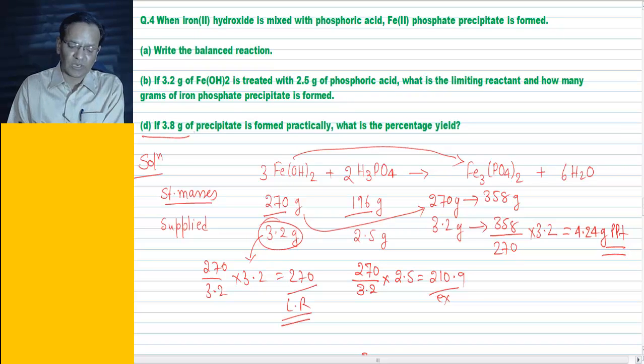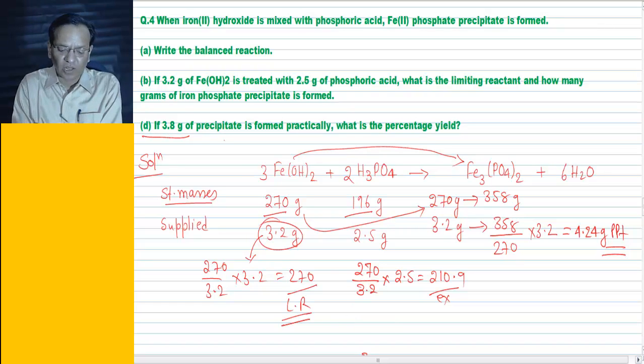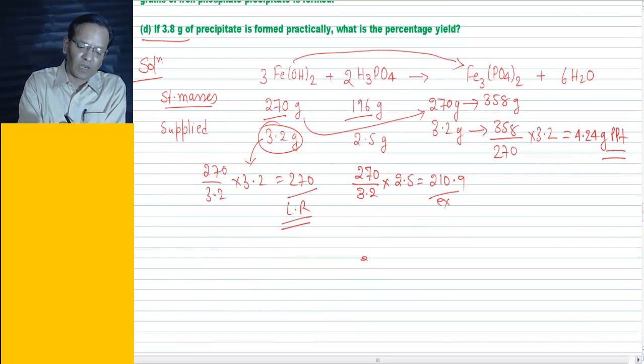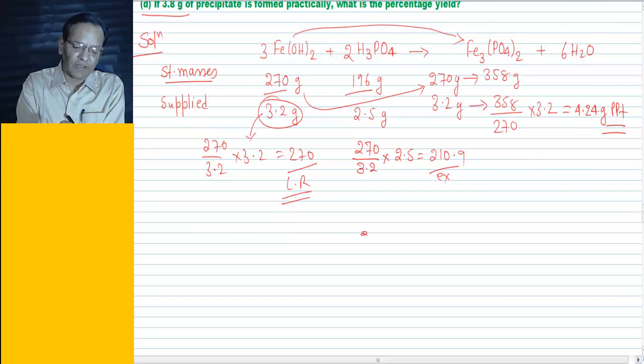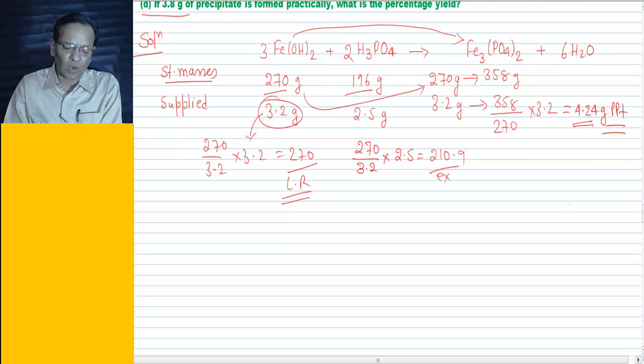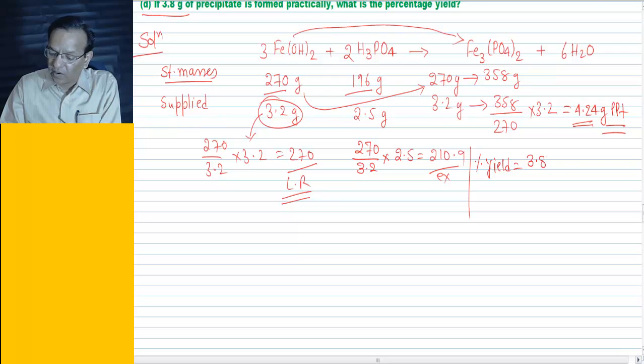There is one more part of this question: if 3.8 gram of precipitate is formed practically, what is the percentage yield? So the expected mass theoretically was 4.24, observed is 3.8, so percentage yield will be observed mass, which is 3.8, over theoretical mass 4.24, into 100.